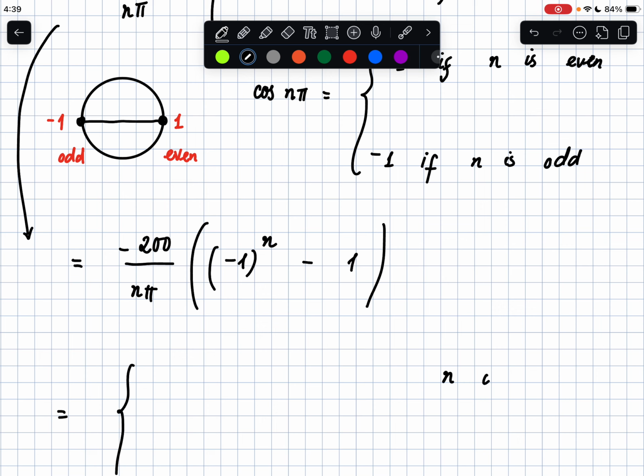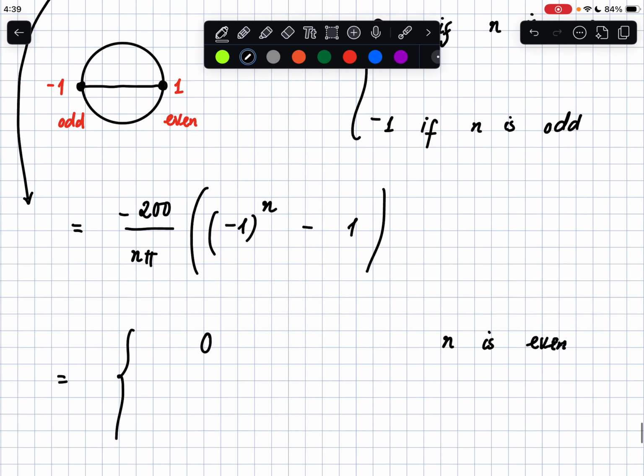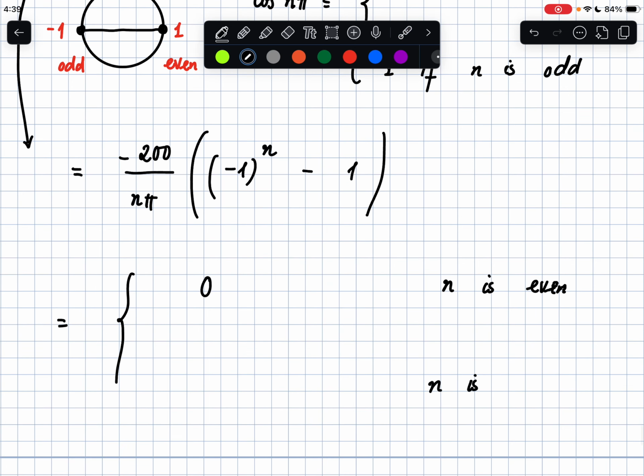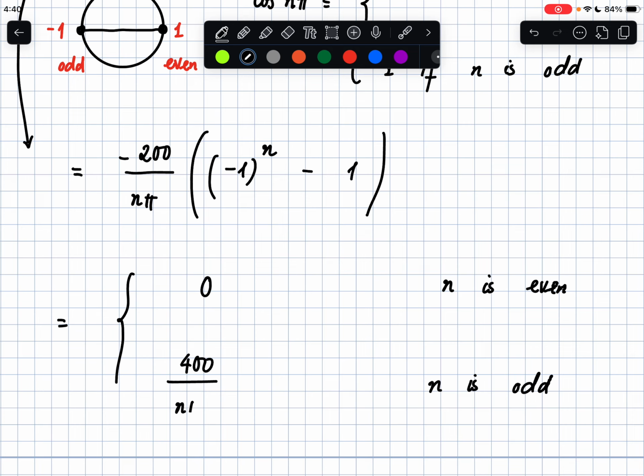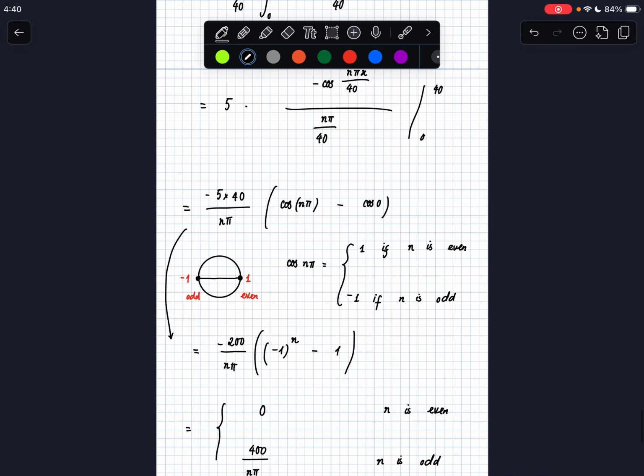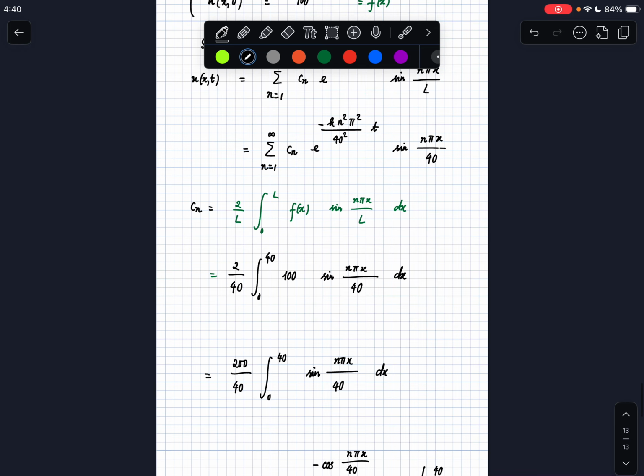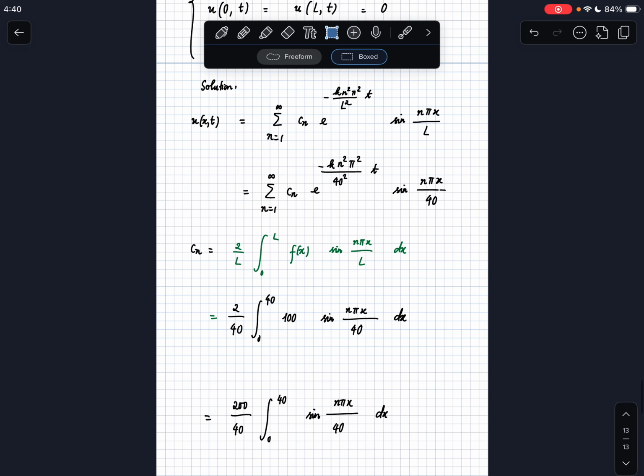If n is even, this is 1 minus 1, which is 0. If n is odd, you have minus 2 times minus 200, so 400 divided by n pi. And we have computed Cn. Now plug that in this formula.